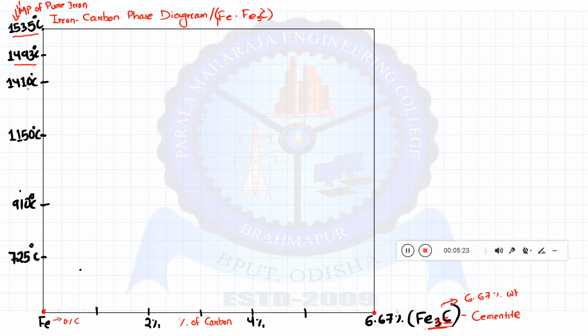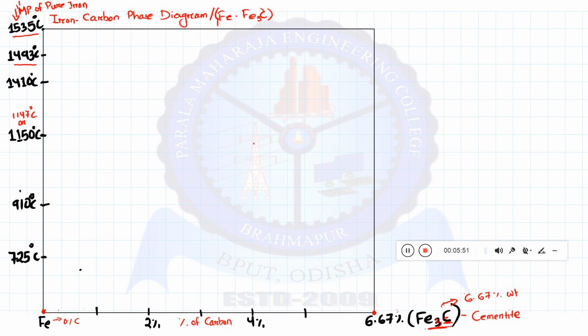Then there is 1410 degrees Celsius, which is related to that peritectic reaction. Then there is 1150 degrees Celsius, or we can say 1147 degrees Celsius also, because in some books it is written as 1147 degrees Celsius, where the second invariant reaction, the eutectic reaction, is going to take place.